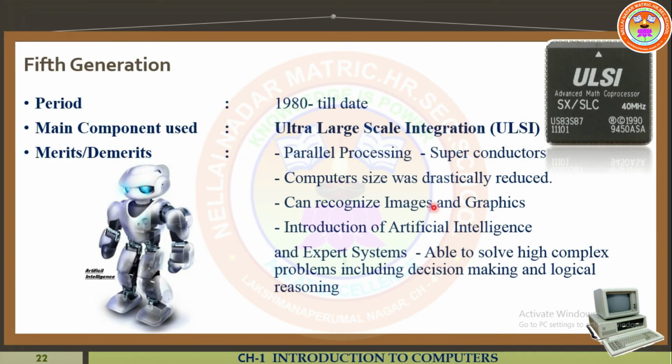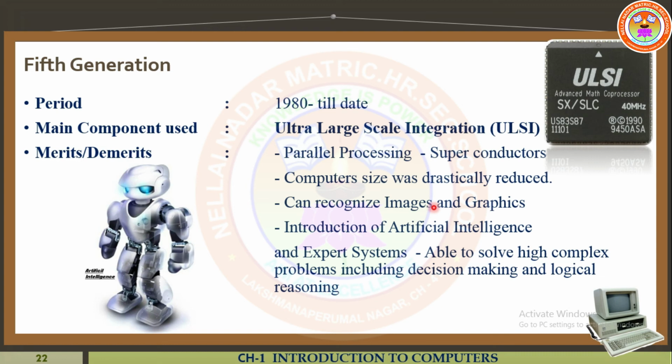The next, fifth generation. This generation is used from the year 1982 till date. So what are the main components used in this generation? ULSI type of microprocessor. Please note down. In this generation we are using ULSI, that means ultra large scale integration.